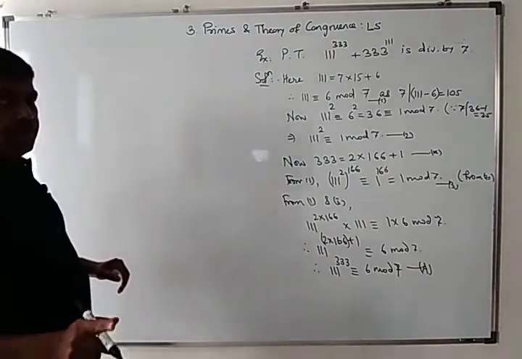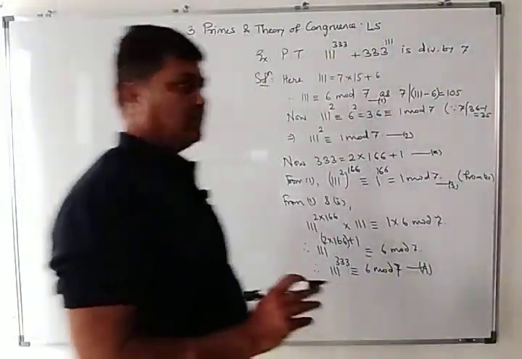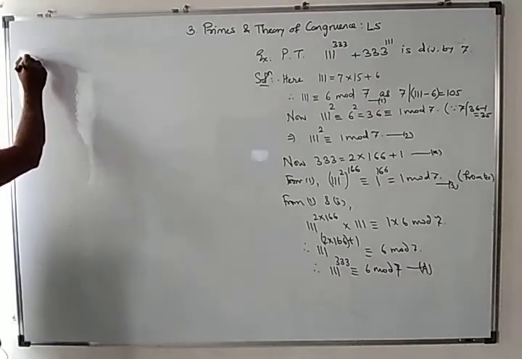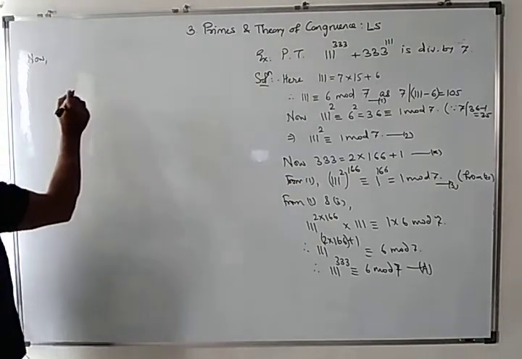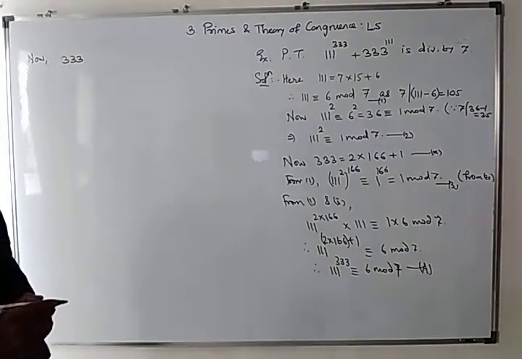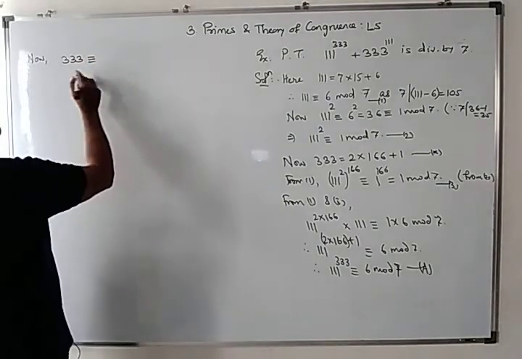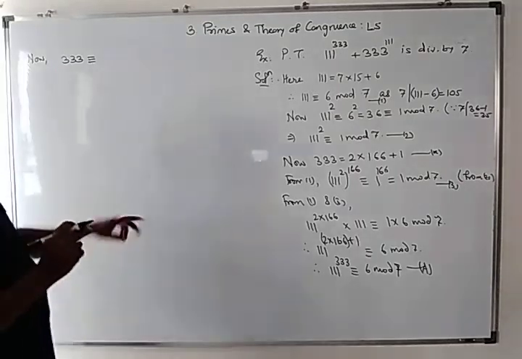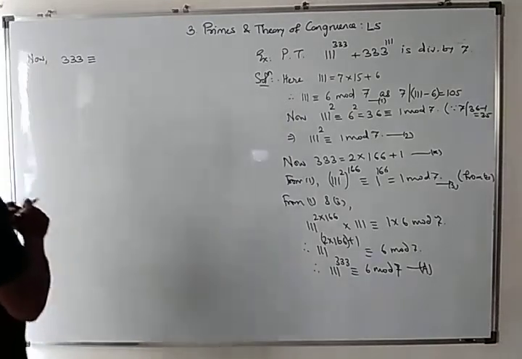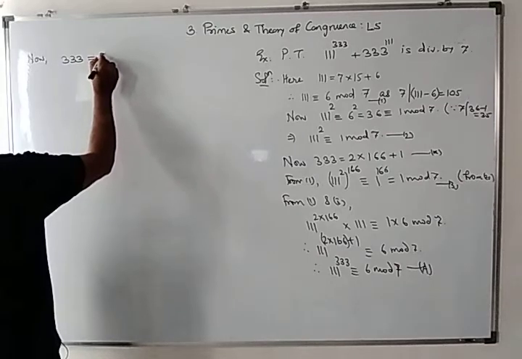Now 333 is congruent to, if I divide this by 7, what is the remainder?